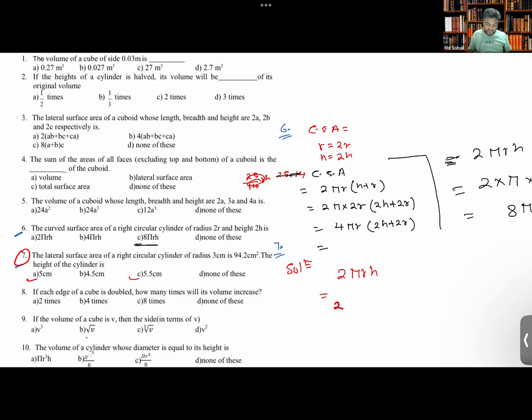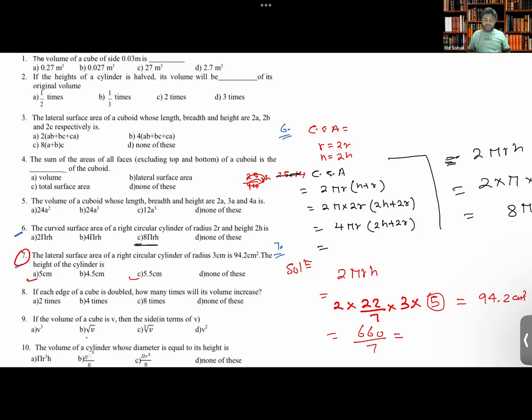Okay, let's see if it's correct. 2 into 22 upon 7, and the radius is 3, into height we're getting as 5. Let's see if you get 94.2 square centimeter or not once you put the value 5 here. 44 into 3, 132 into 5. That gives you 660 upon 7.